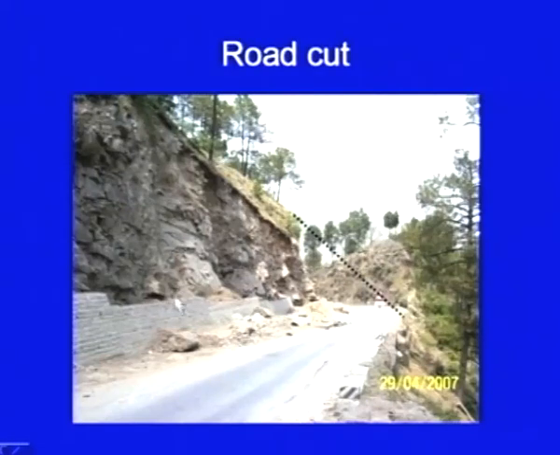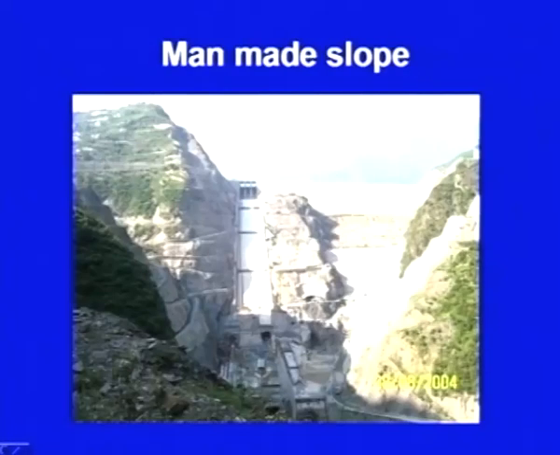So this particular problem you have to analyze using mechanics of slope stability. Point is how much height you can keep vertical safely, whether it is safe or not, or if it is not safe, what is the margin of safety, and what should we do? Can we support it using retaining walls, etc.? So these are the questions which have to be answered.